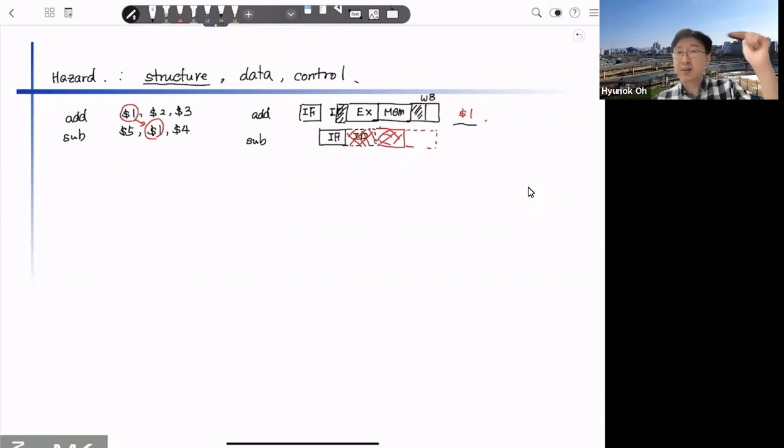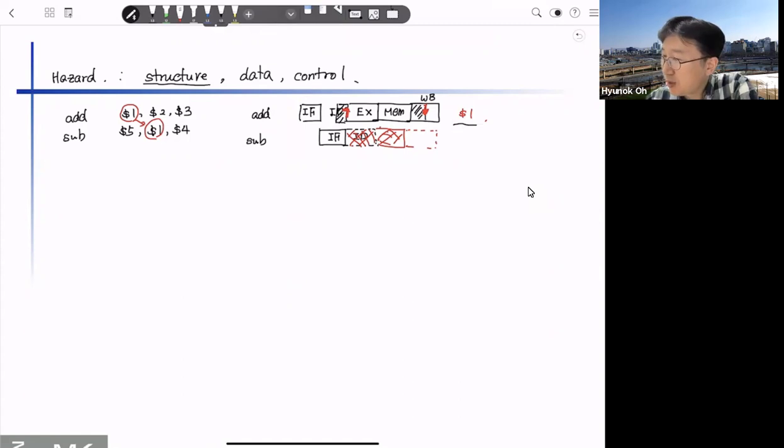So when the clock is falling, the register value is updated, and when the clock is rising, the register value is read. Okay, so at this moment, the value is written, and here in ID, the clock is rising, and then the register value is fetched.